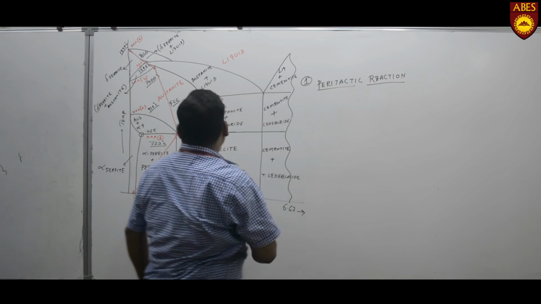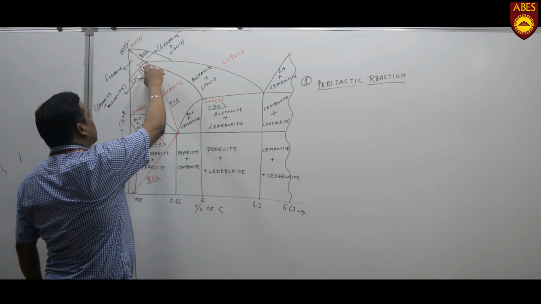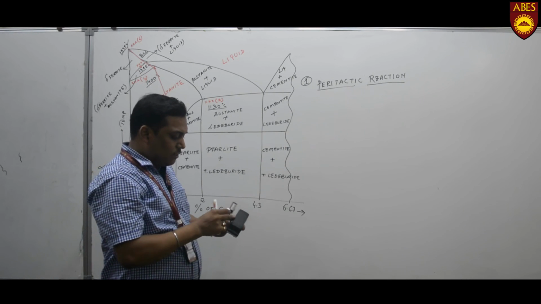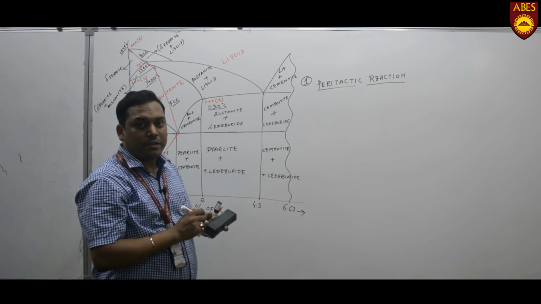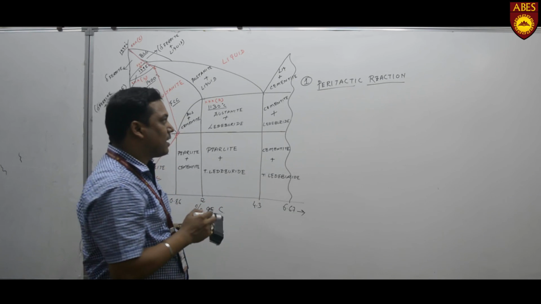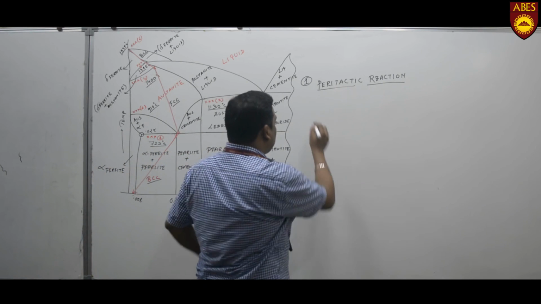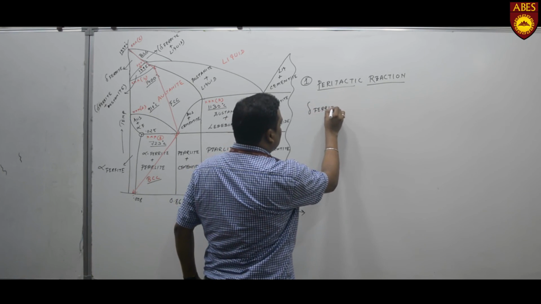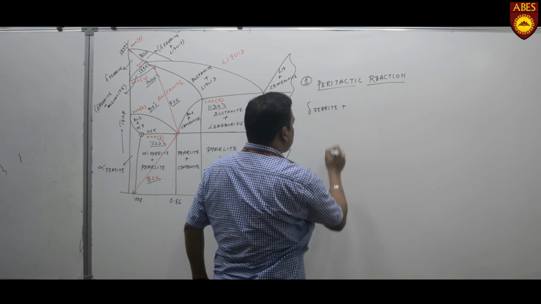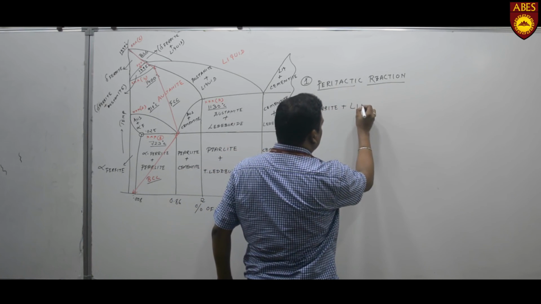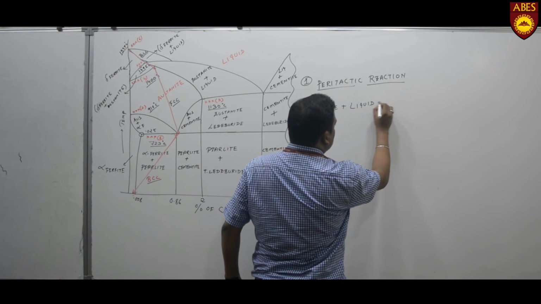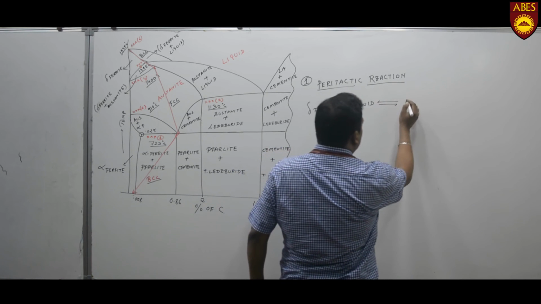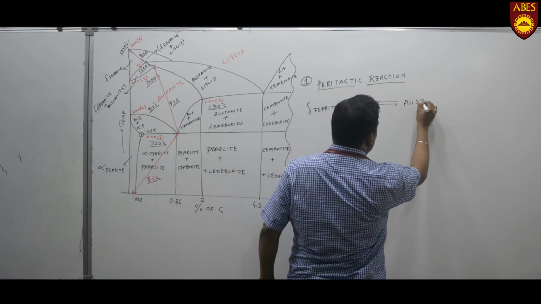We can see that at 1495 degrees centigrade, the delta ferrite combines with the liquid and transforms into austenite. So we can say delta ferrite plus liquid is transformed into austenite.